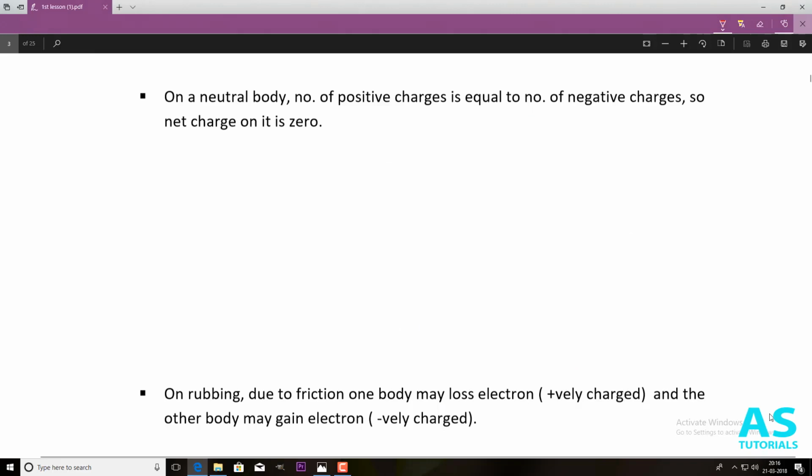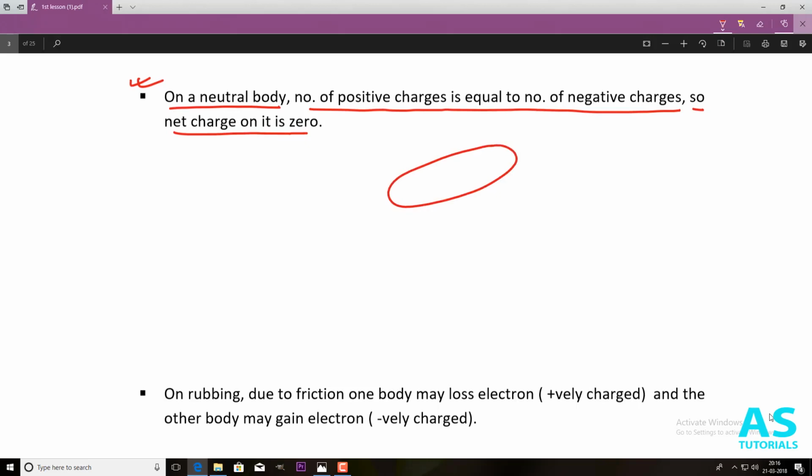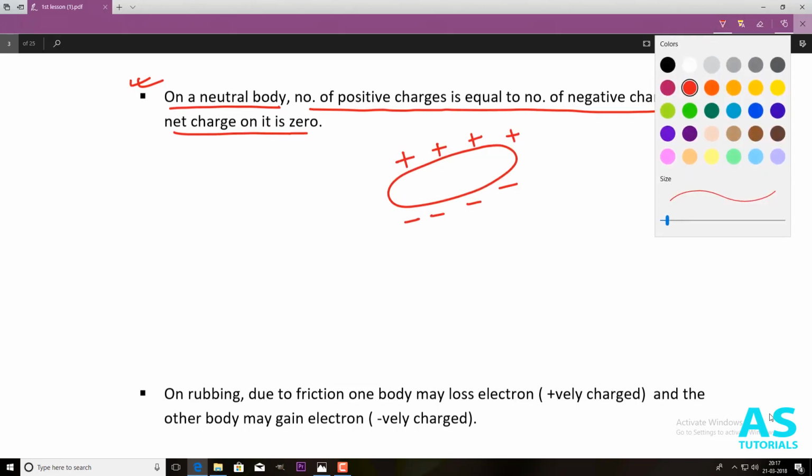Okay, now we'll see in this case. On a neutral body, the number of positive charges is equal to the number of negative charges. So net charge on it is 0. In the case of a neutral body, the number of positive charges is actually equal to the number of negative charges.